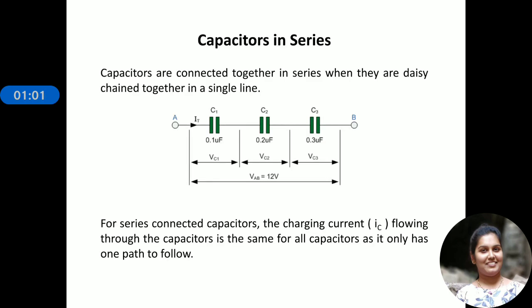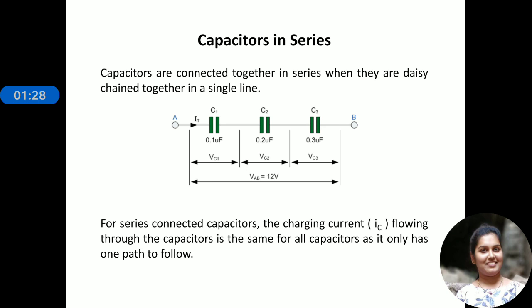So as we all know, a series connection is a connection in which one end of a component is connected to the starting terminal of the next component, and the end terminal of the second component is connected to the starting terminal of the third component.